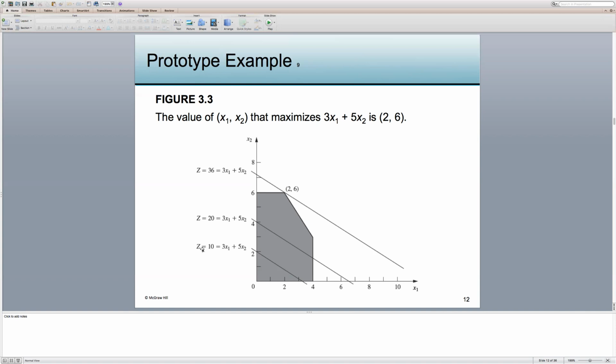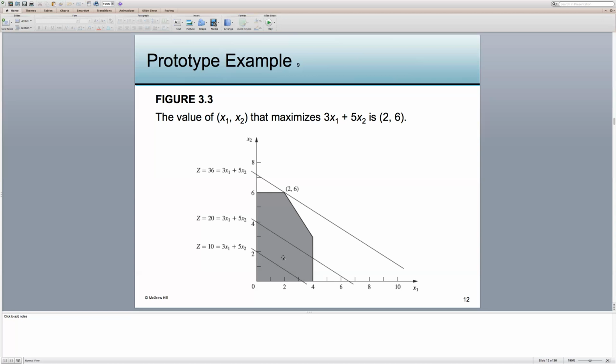That means $10,000. If we look at a different value of z, 20, for example, we get this line. Notice it's parallel to the first line, but z is bigger. So for any point on this line, the value of z is equal to 20.